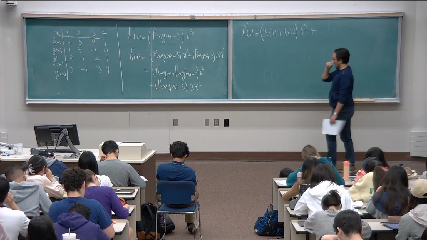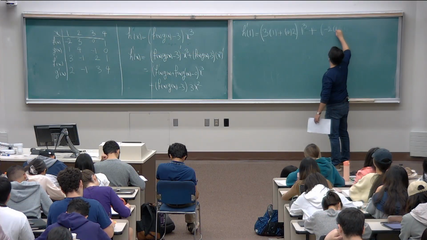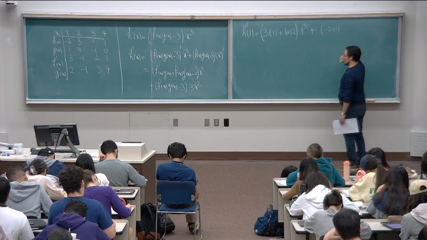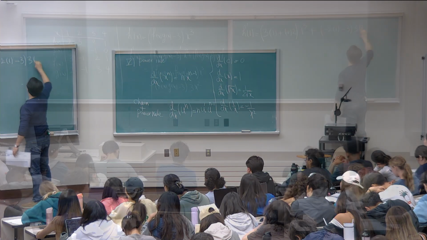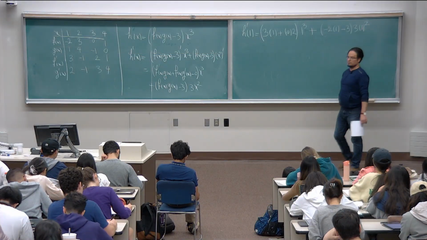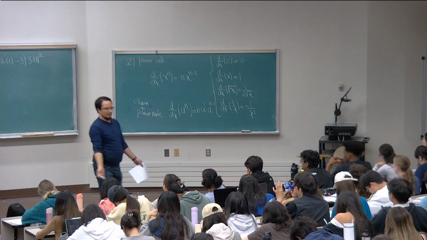Plus f at 1 is negative 2 times 1, minus 3 times 3 times 1 squared. Yeah? I'm just putting in from the table, yes?